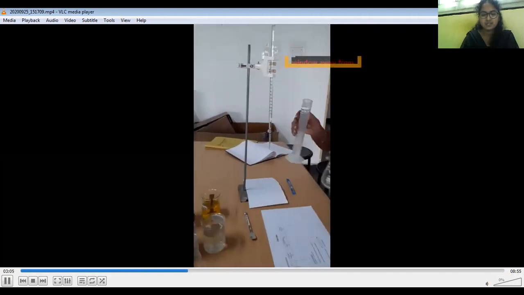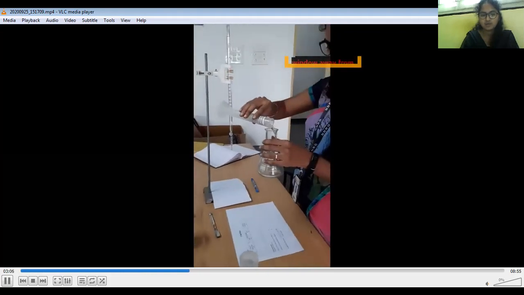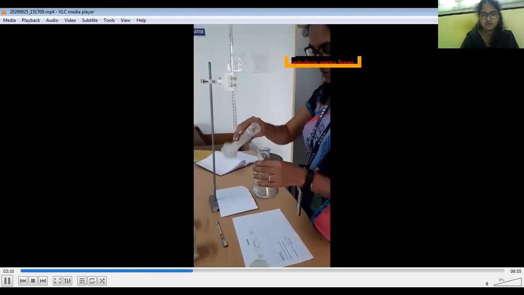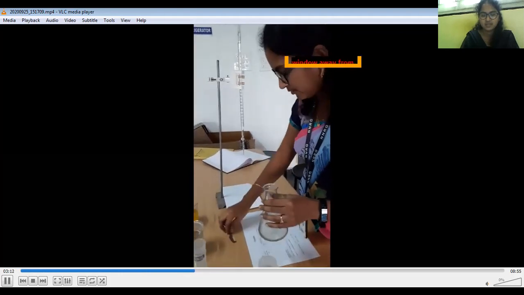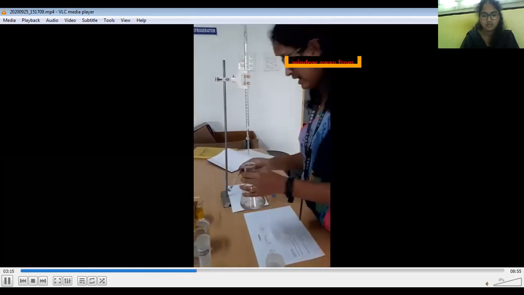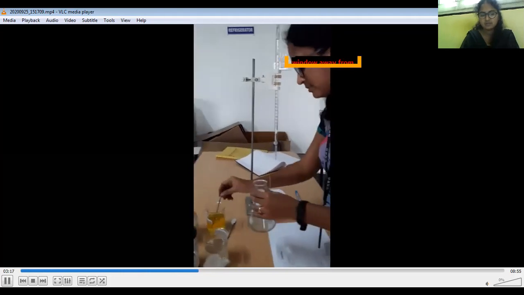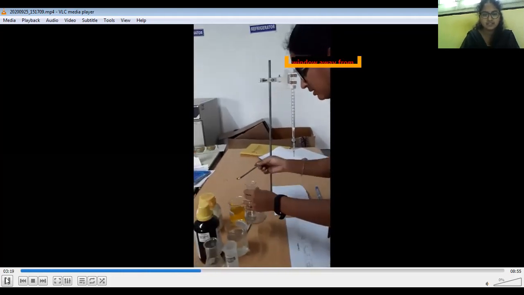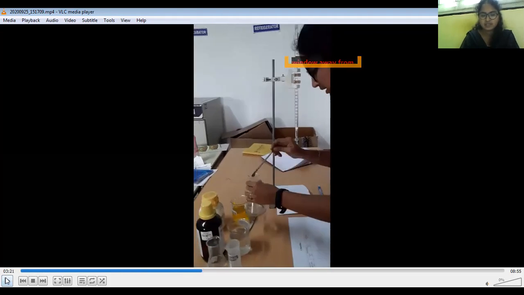Pour this into the conical flask carefully. And before starting the test, each apparatus must be completely clean and dry, otherwise the experiment can go wrong.